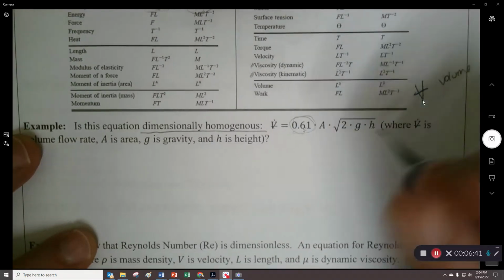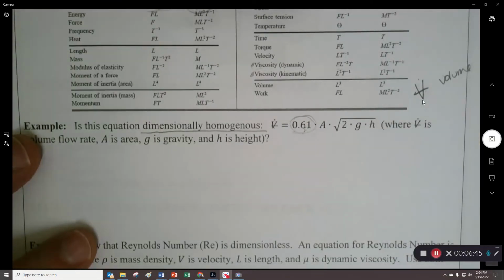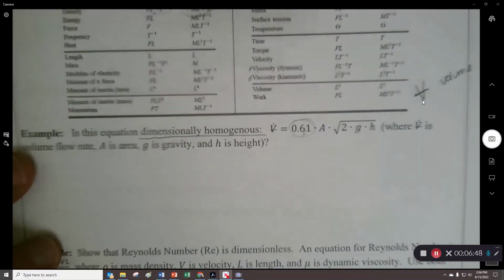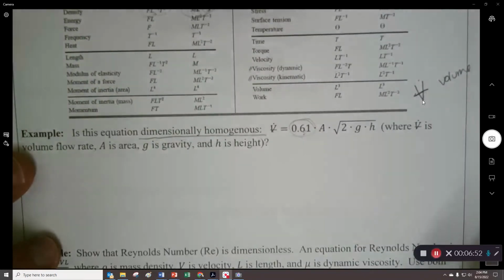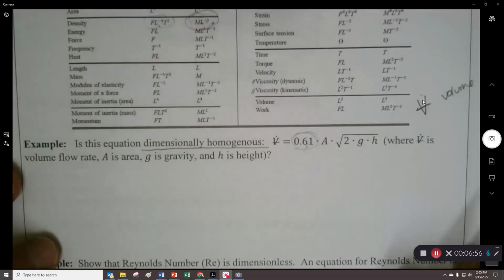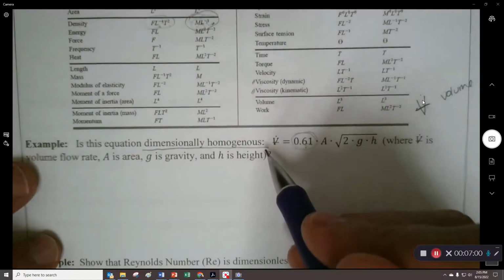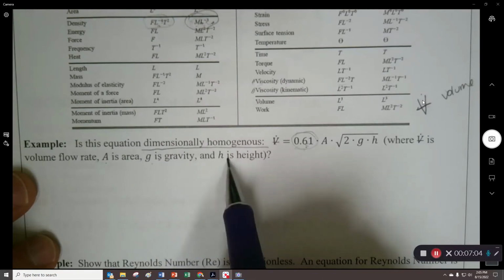And then volume flow is this with a dot, per unit time. Like you think of gallons per minute, or cubic feet per second. Those are volumetric flows as opposed to mass flows, right? So that's volume flow rate, area, G is gravity, H is height.